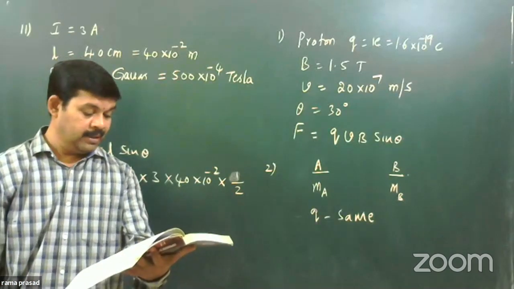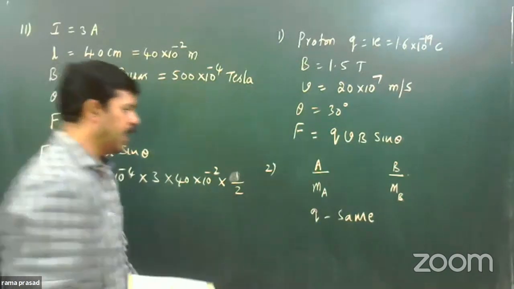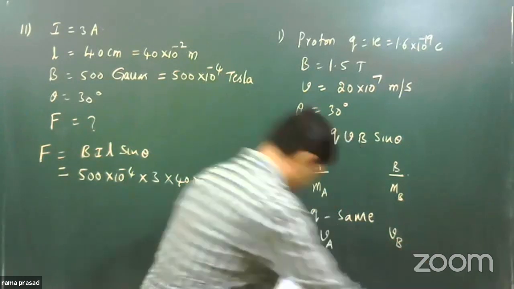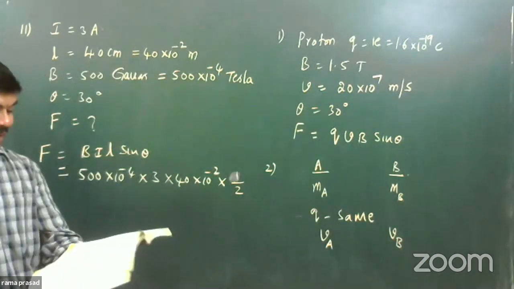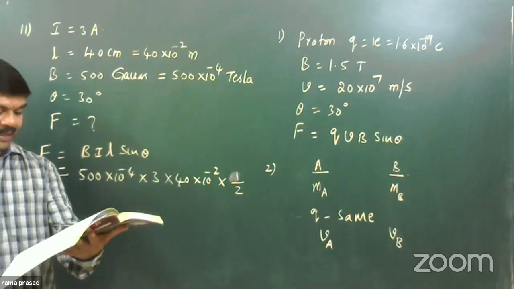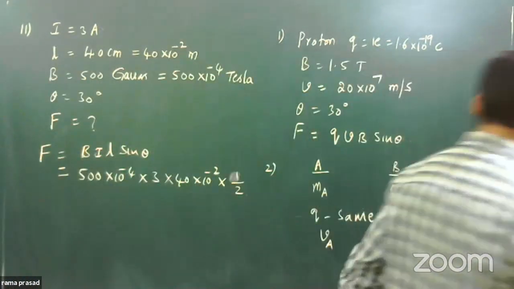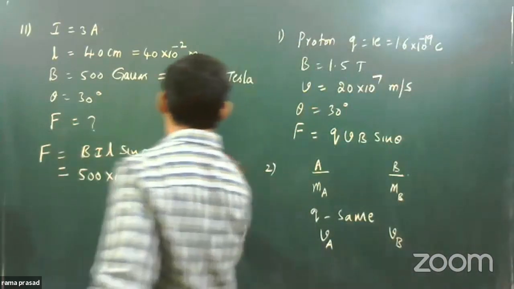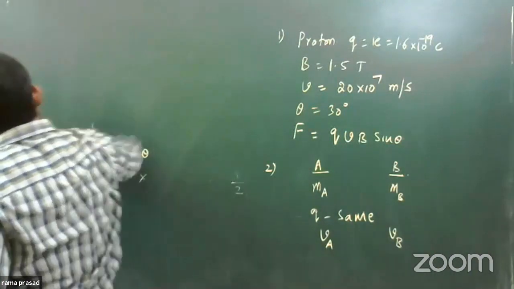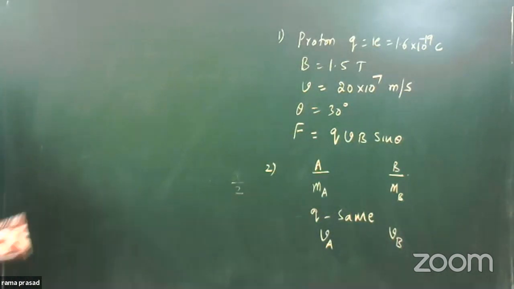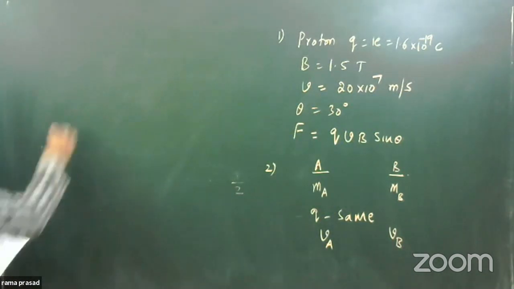The speeds of the particles are VA and VB, and the trajectories are as shown in the figure.